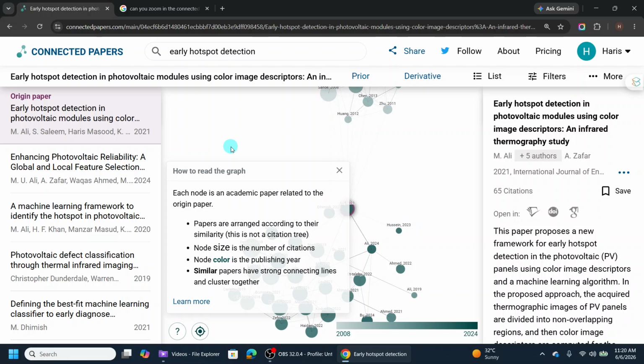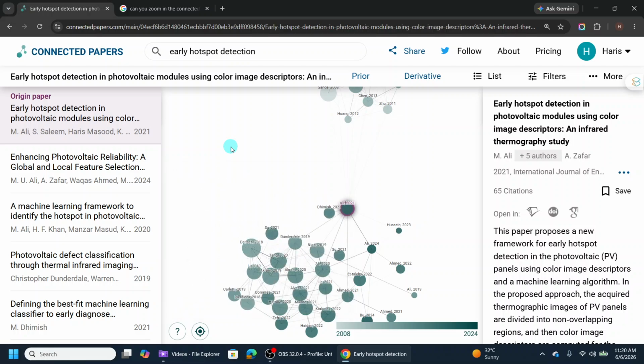But here, Connected Papers not only considers citations as the basic metric, it considers other relevant metrics such as the field and the area of the research, and the citations to connect the other papers with your base paper.